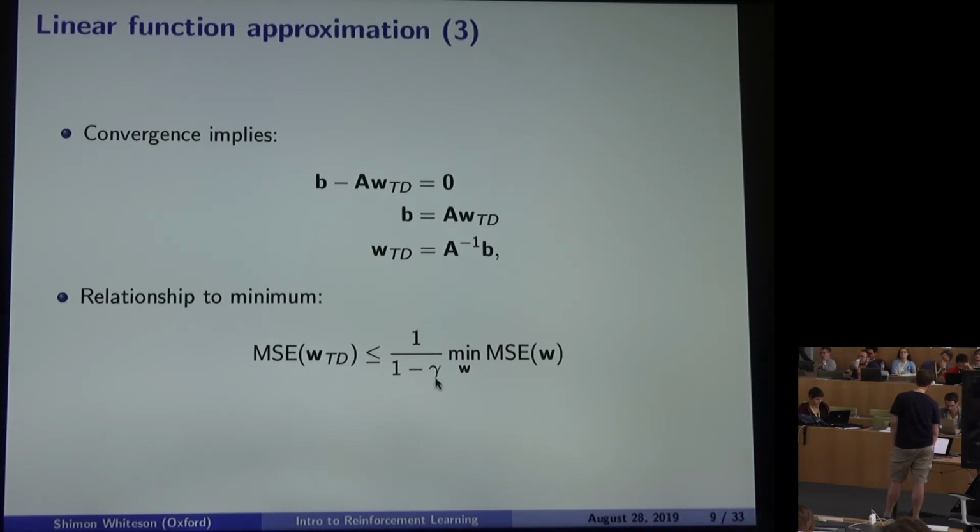Remember, gamma is typically close to 1, so this number is typically very large. So this is quite a loose bound, and this theoretical result is actually not that helpful. What is helpful, though, is that in practice, the TD fixed point is typically very good. It's typically one with very low error. That's why semi-gradient methods are quite useful in practice. They learn really fast, much faster than true gradient methods, and they converge to a point which has low error in practice.